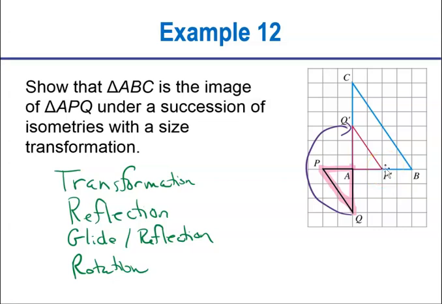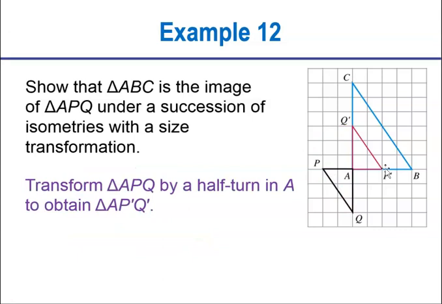Sure, that's it. So here we go. Transform APQ by a half turn in A to obtain A, P primed, Q primed. Okay, they didn't rename A as A primed. Sometimes they do, sometimes they don't. Now, a half turn, that's 180 degrees, right? So anytime you see half turn, that's always what that means.